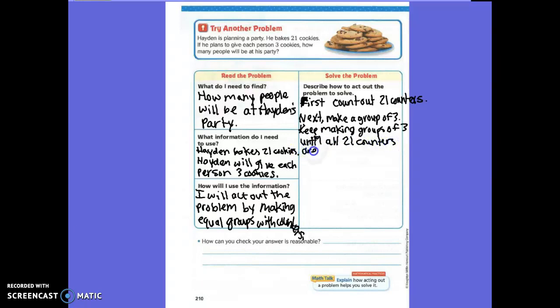Okay, then draw the groups to show how many people got 3 cookies.